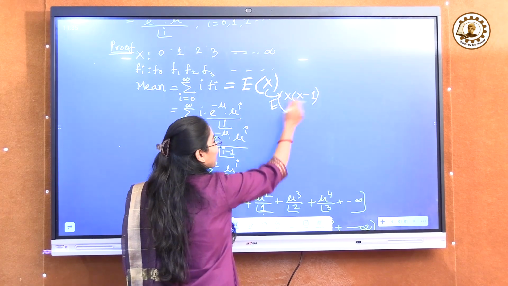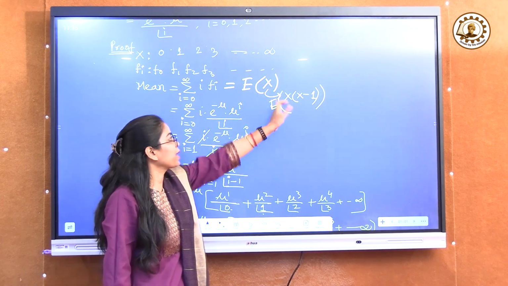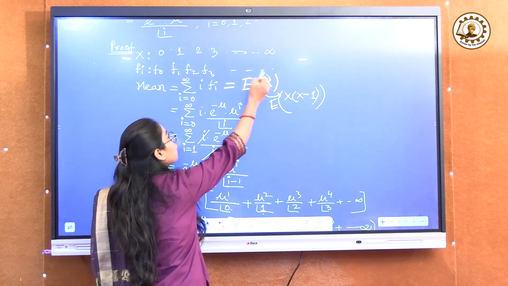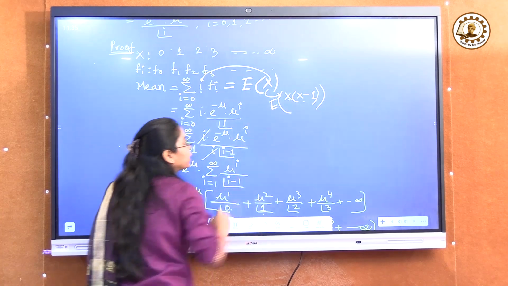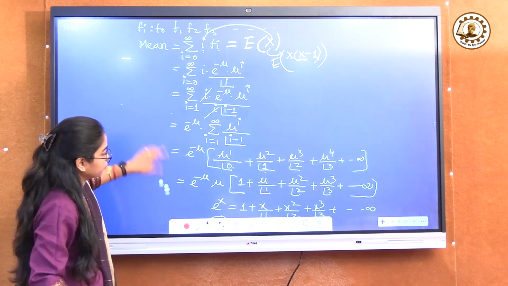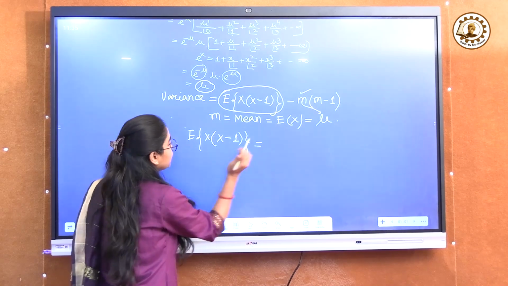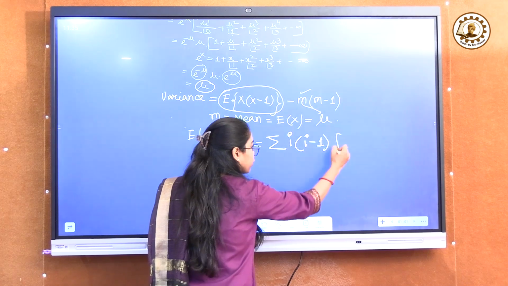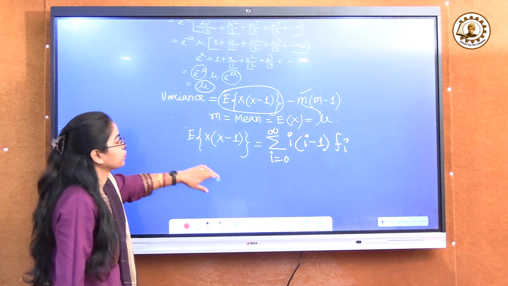If we put x into x minus 1 in place of this x, then the formula will be the sum of i into i minus 1 into p_i, with i from 0 to infinity.